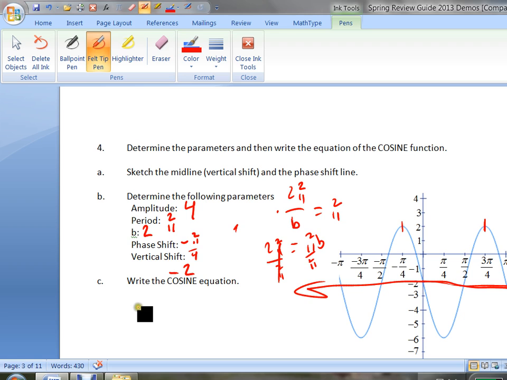So by using this information, you know that y equals 4, that's the amplitude, times cos of b, so 2 times x plus, because it's a negative pi fourths, minus 2.